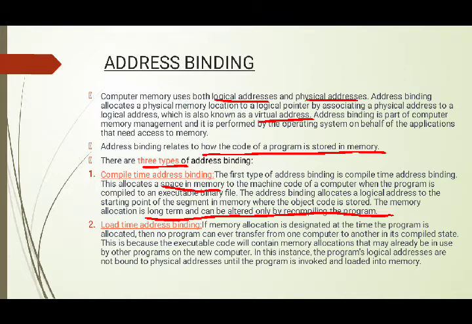The disadvantage is that if a program gets loaded into a memory location which is occupied by another program, a collision will occur, and the current program gets overridden by the previous program.